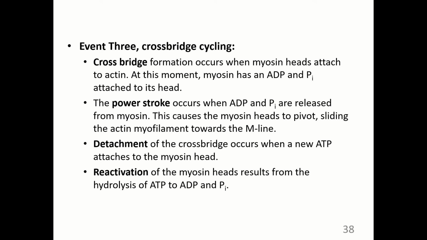This causes the myosin head to pivot, sliding the actin myofilament towards the M line, which is in the center of the sarcomere. Detachment of the cross bridge occurs when a new ATP molecule attaches to the myosin head. Reactivation of the myosin heads results from the hydrolysis of ATP to ADP and inorganic phosphate.